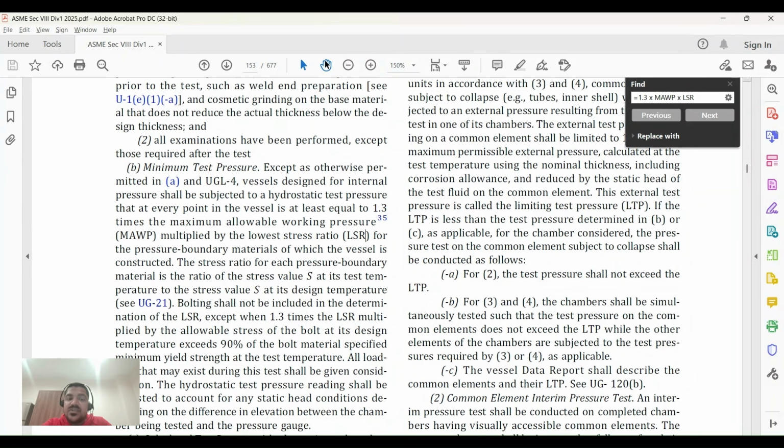So you take the ratio of these two and you will be able to get your lowest stress ratio. And here is the complete description of the same.